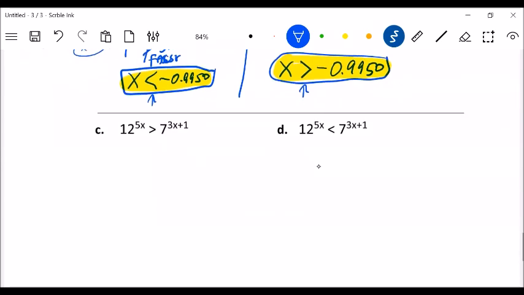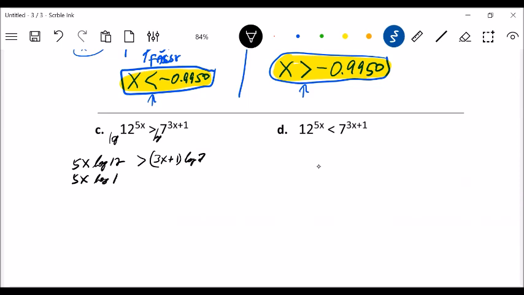Okay, here's a couple others to do. These are the same problems except one is greater than and one is less than. But we haven't solved this one before, so we're first going to have to solve it. That means I'm going to take the log of both sides. So we get 5x log 12 greater than (3x plus 1) log 7.